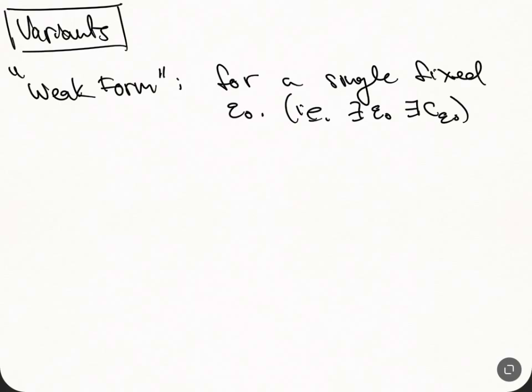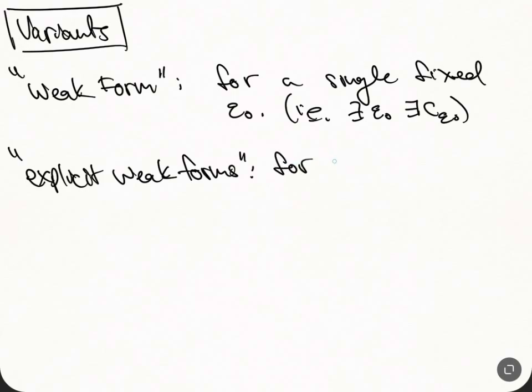And then there are these explicit weak forms, which are nice. So here, this is for a single fixed epsilon naught, fixed, and the constant is specified.